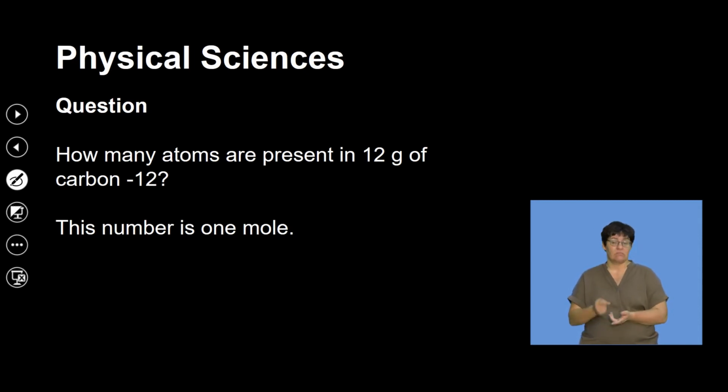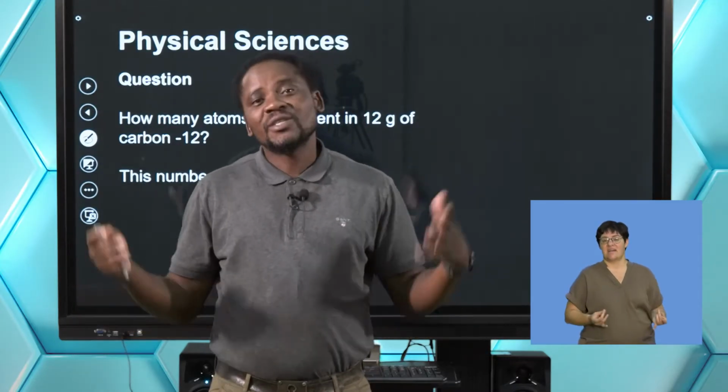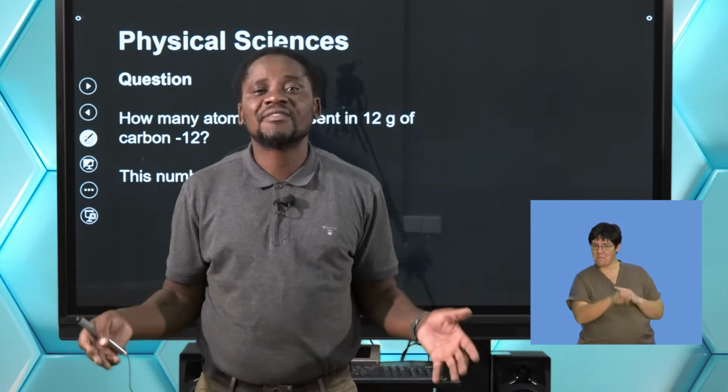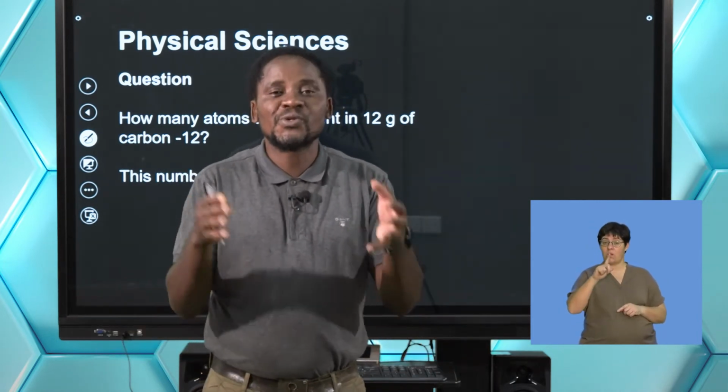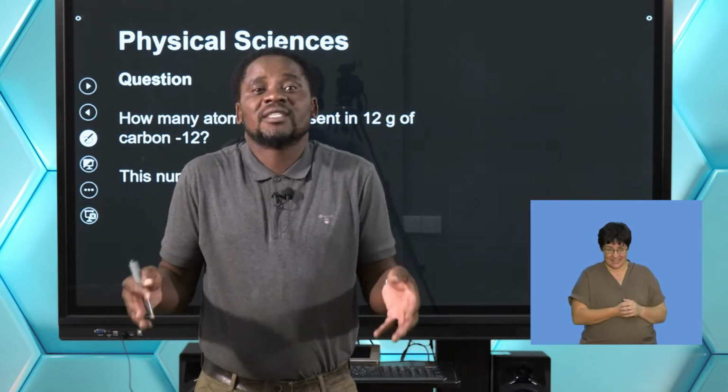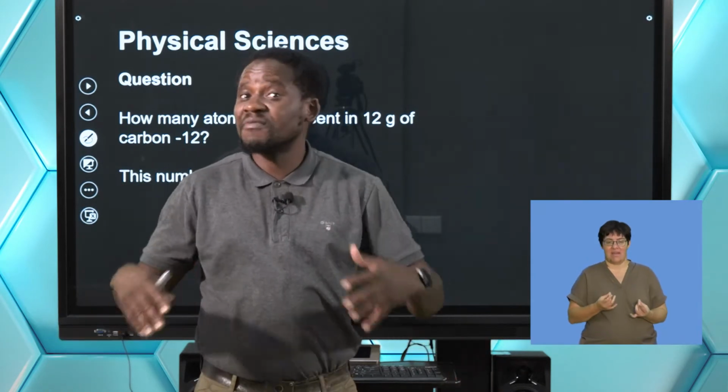This number is 1 mole. So a mole is actually a number. Yes, we say number of moles, but we are recognizing that when we talk of a mole, we talk about a number of particles of any substance. A mole is actually a number, but it's a very big number.